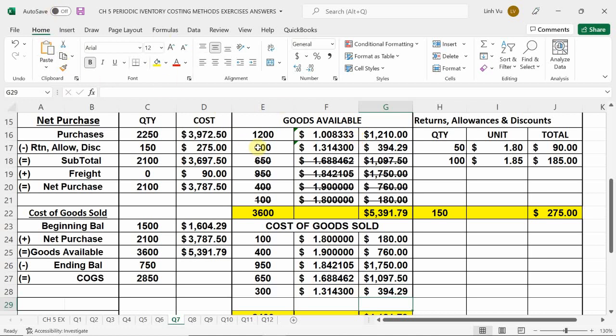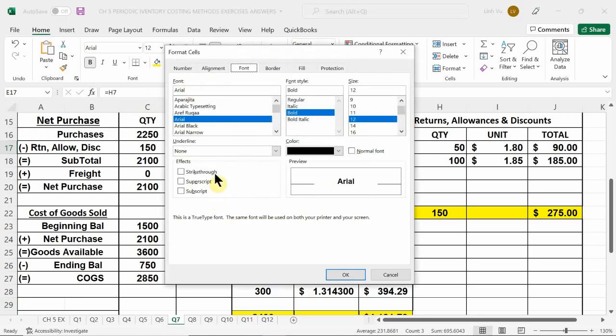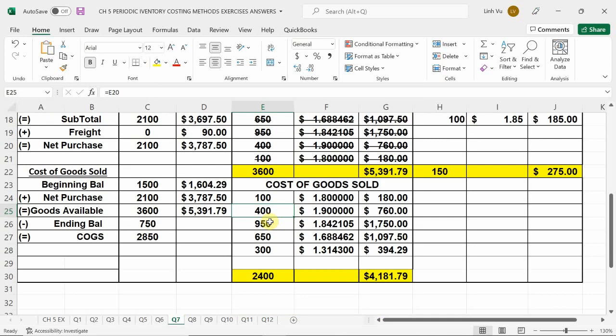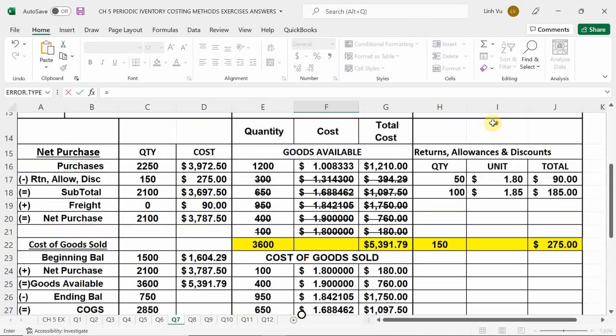So then now I'm at 2,400. How many more do I need to keep selling? We need to sell 450. So in this case, I only have one batch of inventory left, right?